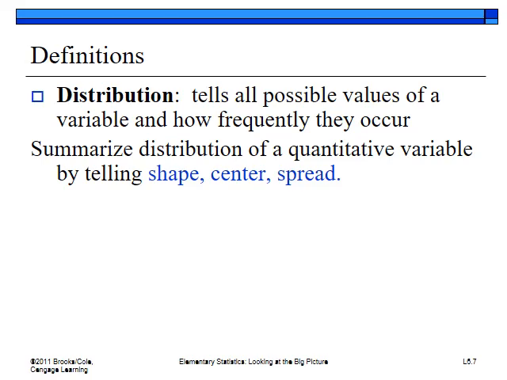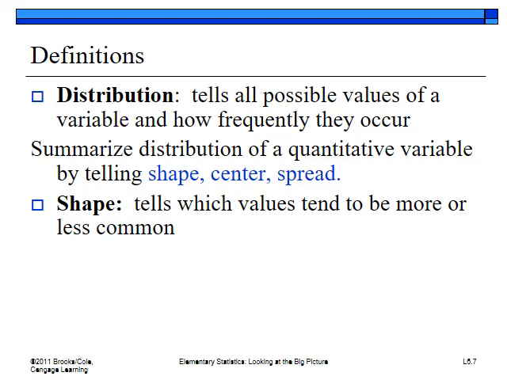So let's consider some definitions. The distribution of a quantitative variable talks about what all of the possible values of the variable are and how often they occur. Distribution can be summarized using 3 things: shape, center, and spread. Shape tells you which values tend to be more or less common.